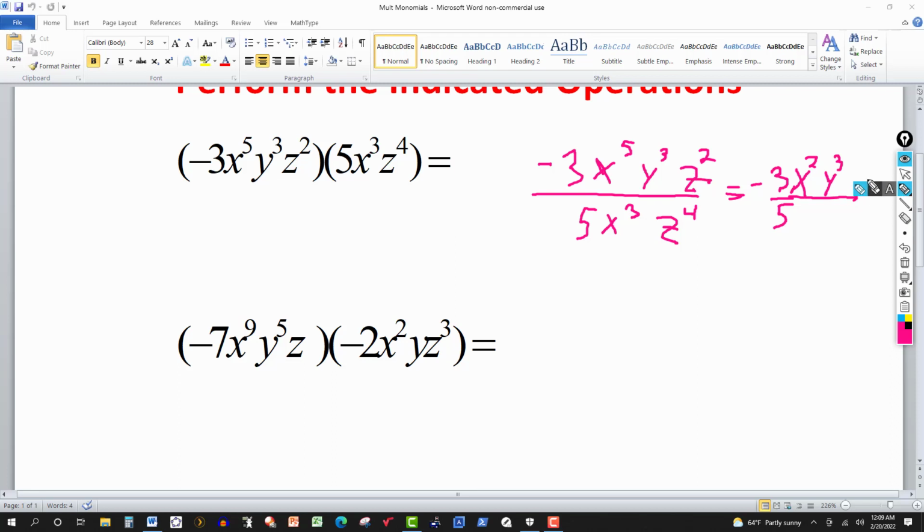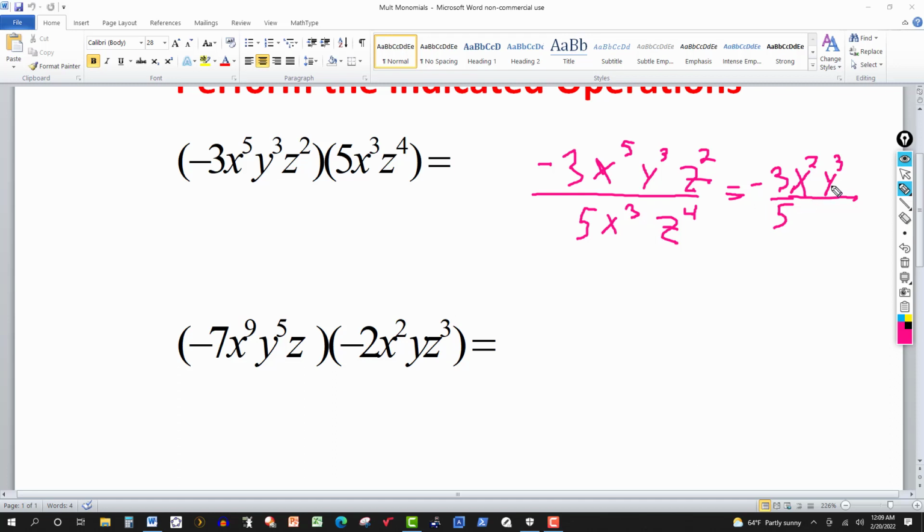And then here we have z squared over z to the 4th. Now I could write the z over here and say, okay, z, and the power would be 2 minus 4. But that would give me a z to the -2. So I could leave the z to the -2 in the numerator. But generally on these types of problems, they're going to want you to simplify your answer, or give your answer without negative exponents.